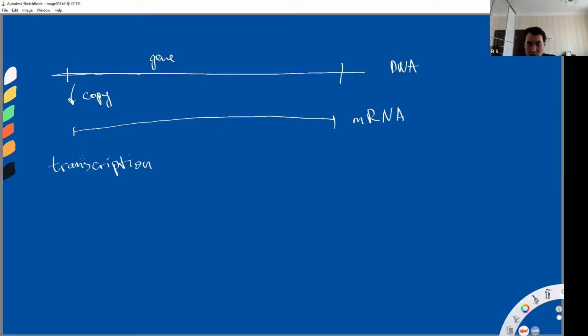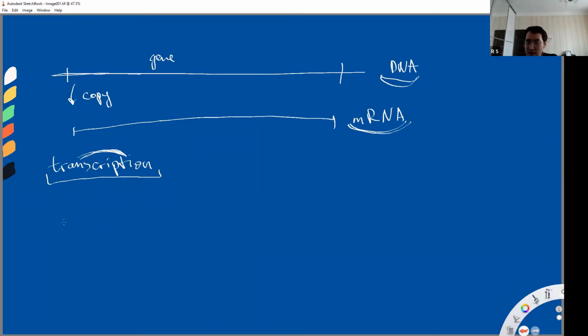And if you look here, script means write. It's coming from Latin. Transcription means write somewhere. In this case, you take DNA and you write into RNA. Okay. So the copying from DNA to RNA is called transcription.